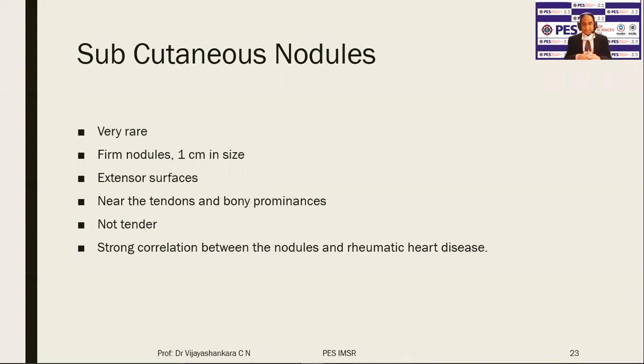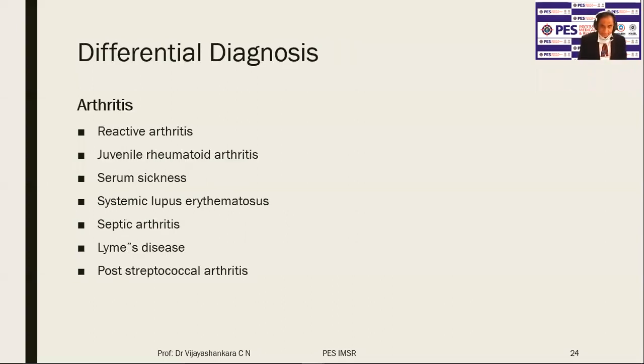And usually they are near the tendons and bony prominences. They are not tender. There is a strong correlation between nodules and carditis in acute rheumatic fever. If a child comes to you and you feel the nodules during the acute stage, that means that the child is going to develop or is already having a carditis.